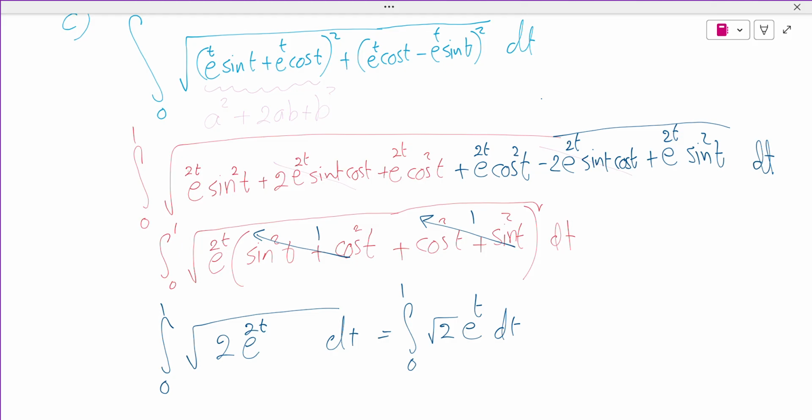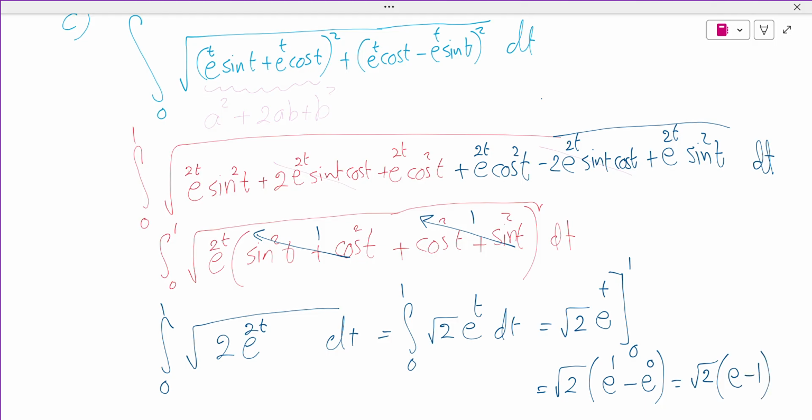Now we can simply integrate. Root 2 is a constant coefficient, and the integral of e to the power of t is e to the power of t, evaluated from 0 to 1. So this is root 2 times (e to the power of 1 minus e to the power of 0), which is root 2 times (e minus 1).